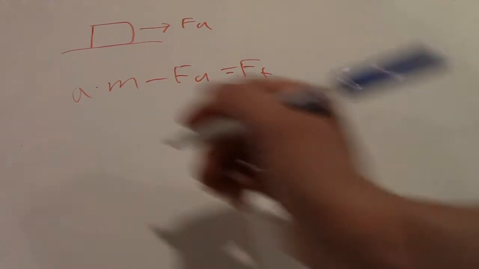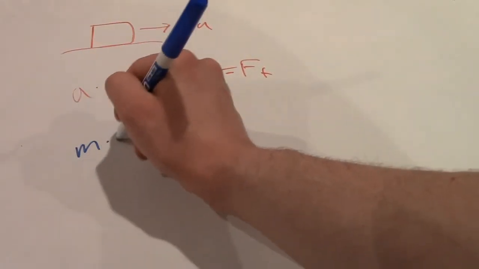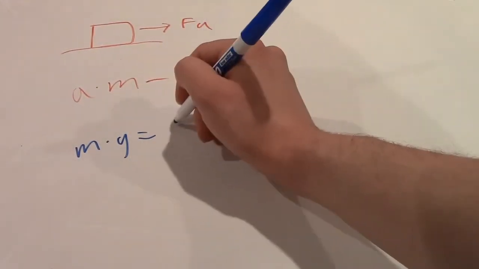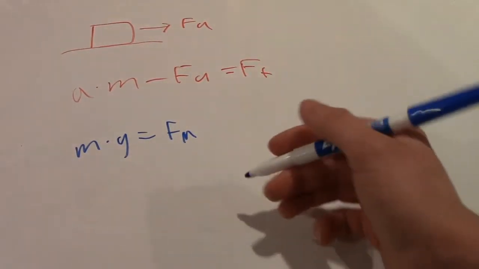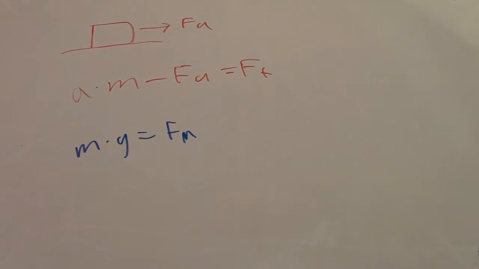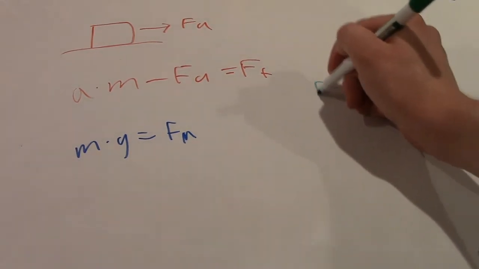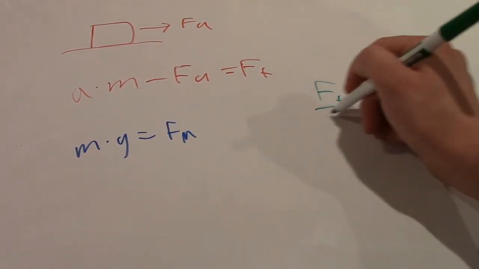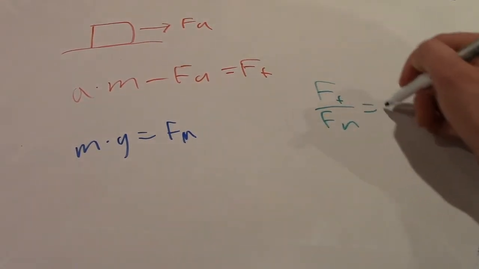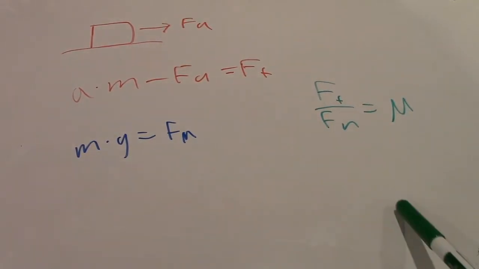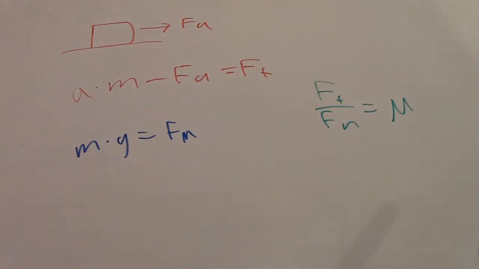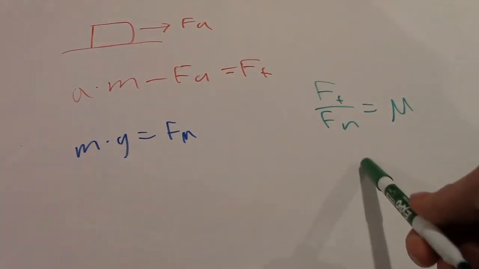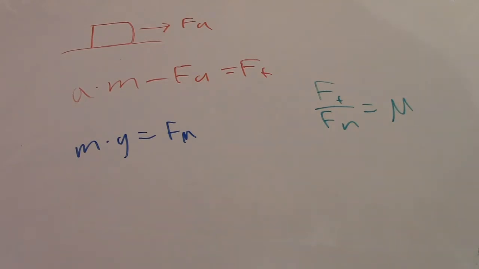Similarly, you multiply that object's mass by gravity, and this will be equal to the normal force, as I explained earlier. Now you divide the force of friction by the normal force, and this should give you your coefficient of friction. So you obtain it experimentally, not through any real mathematics. I mean, this formula is mathematics, but it's experimental at its base.